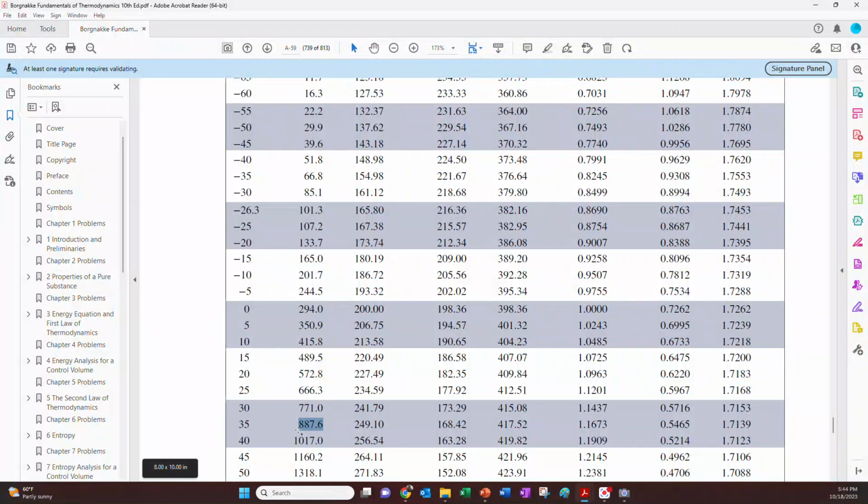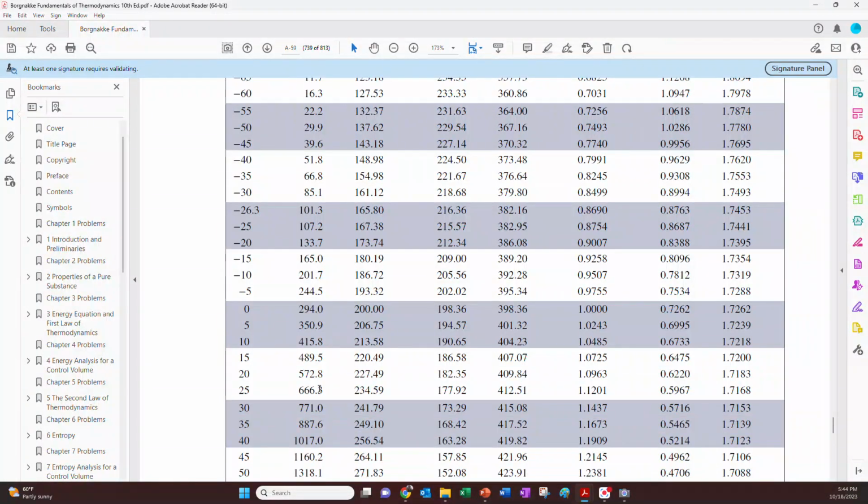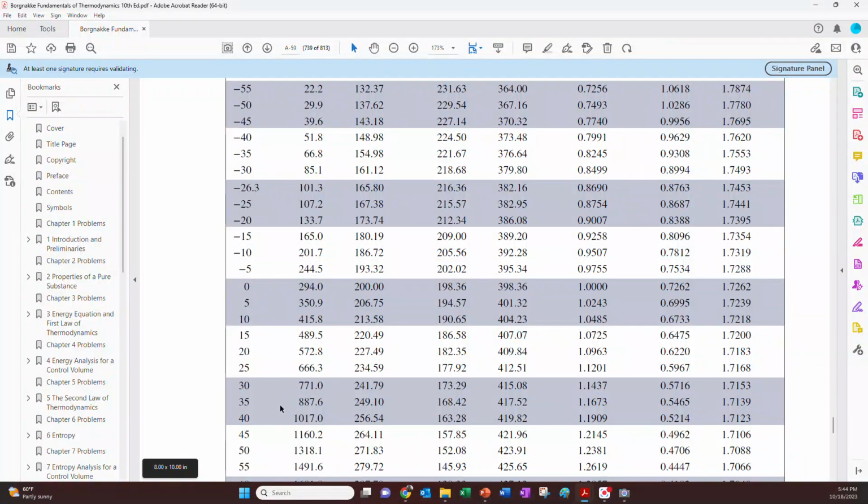So it's higher pressure, therefore it's a liquid. Now the best information that we have going for us is that here's our enthalpy when it's a liquid. Because the enthalpy is more closely associated with the temperature, let's assume that it's going to be this liquid right here. That's the best information that we have.